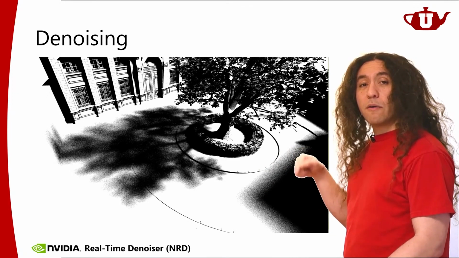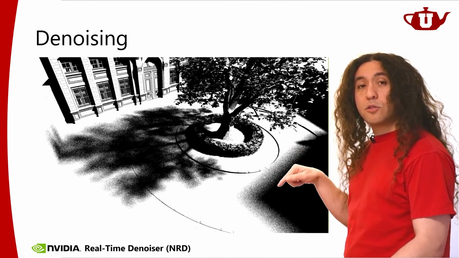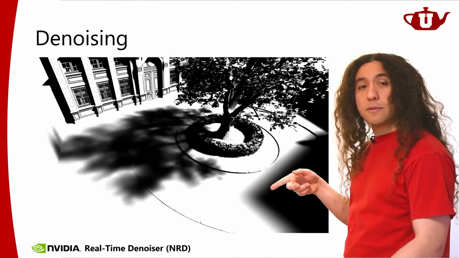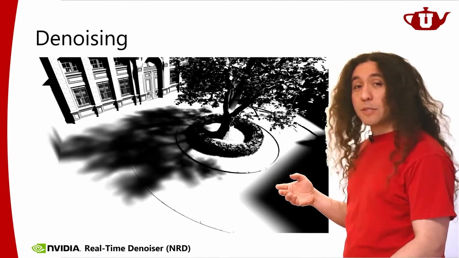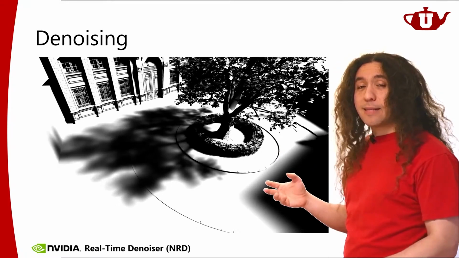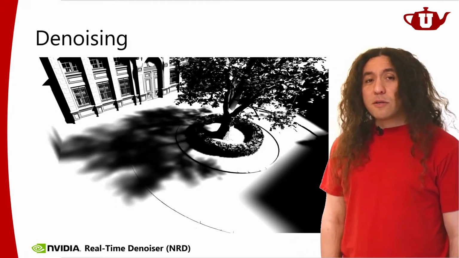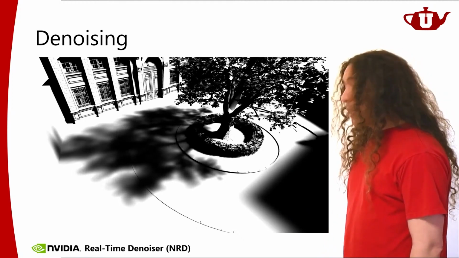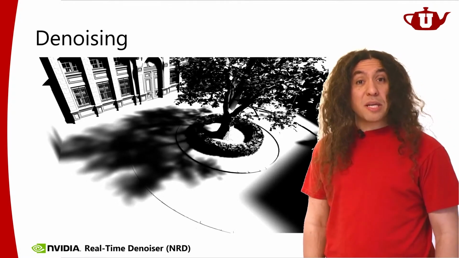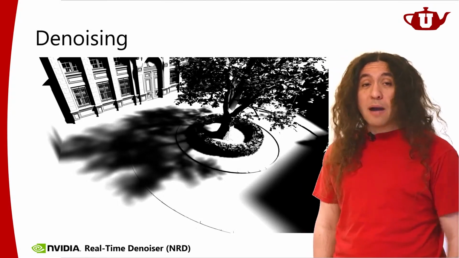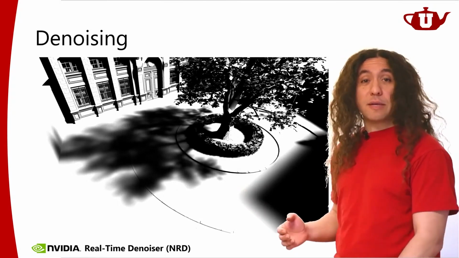So we go from here to here. It's quite an improvement, right? In the sense that we got rid of the noise. Yeah, we got rid of the noise, and the latest denoisers are actually pretty good. I call them like magic, really.